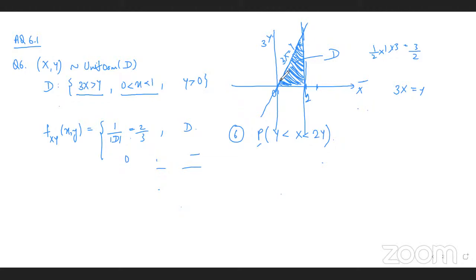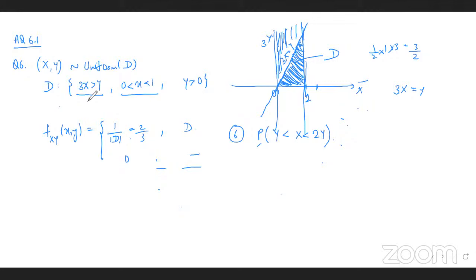In that case, you would have taken this region. Would that have been an unbounded region, ma'am? Yes, an unbounded region, because y is greater than 0, so the limit of y will go from 3x to infinity.